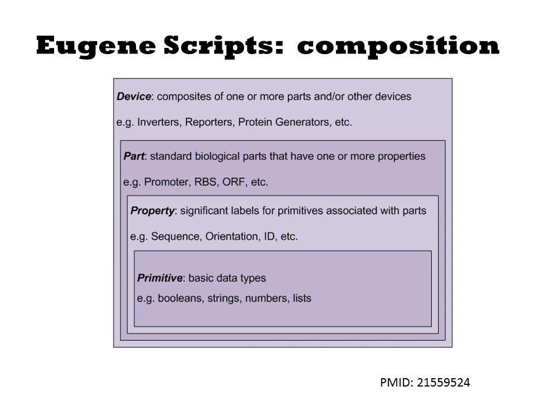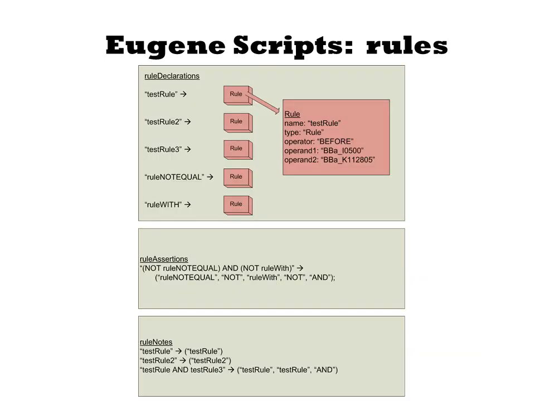You encode a Eugene script by defining devices in terms of the families which make up the parts that have properties that are expressed in primitive data types. In this way, you hierarchically describe the space of a composition and the properties of the potential constituents of that space. The script also encodes rules about which parts can be combined with other parts.